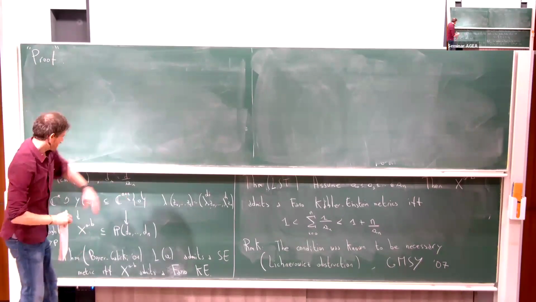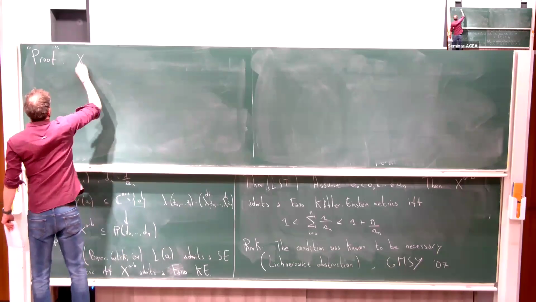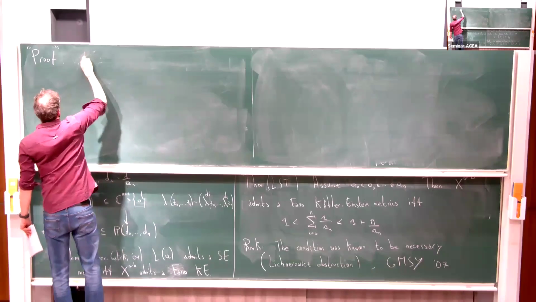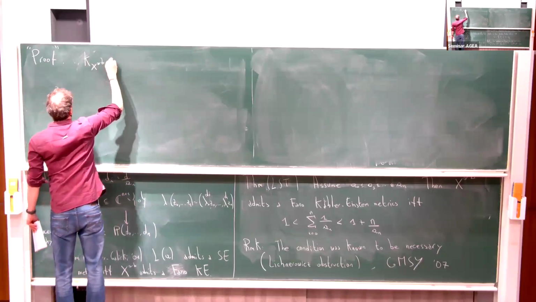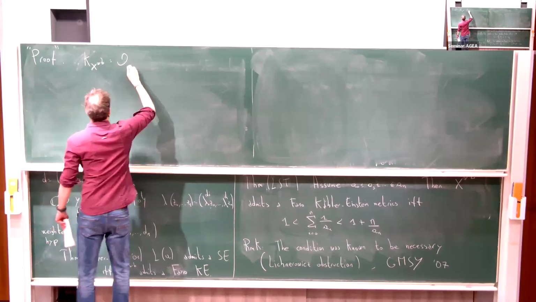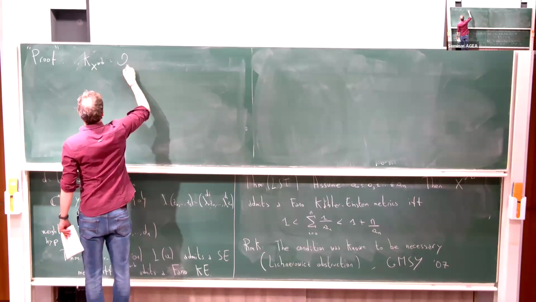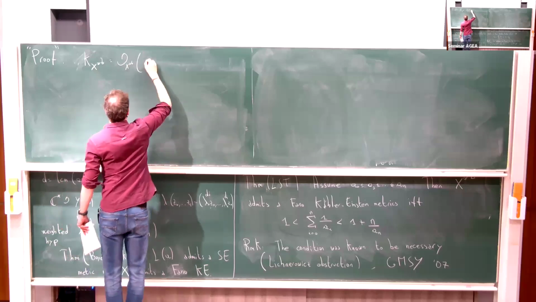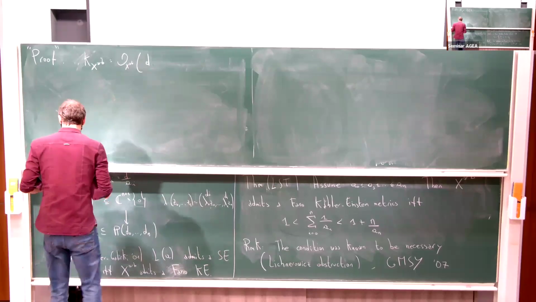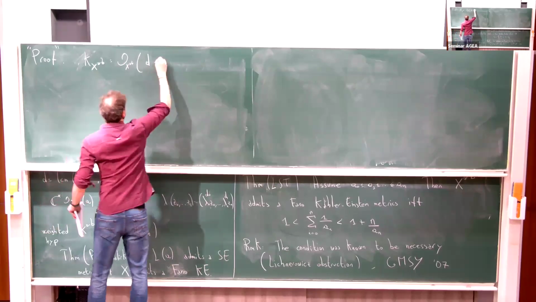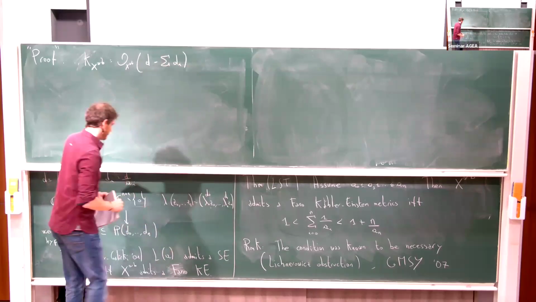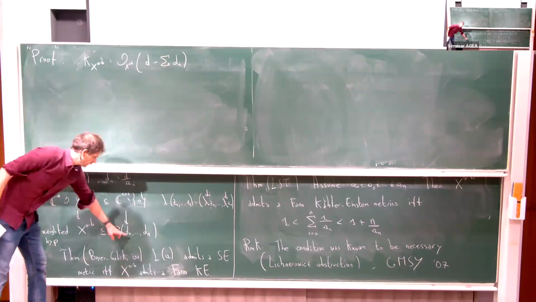So you see X orb. It's easy to write down the canonical divisor of a weighted complete intersection. This is just O, and you take the degree D minus the sum of the weights, right?